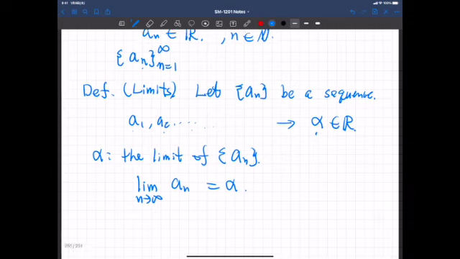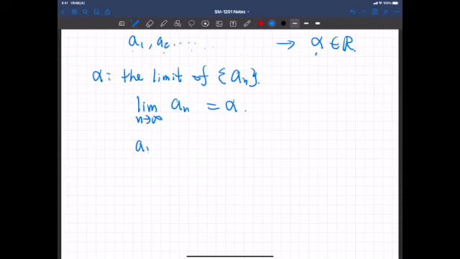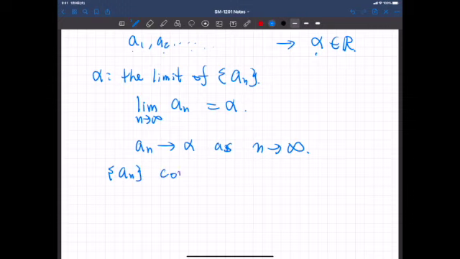Or we write an goes to alpha as n goes to infinity. And we say this sequence an converges to alpha.